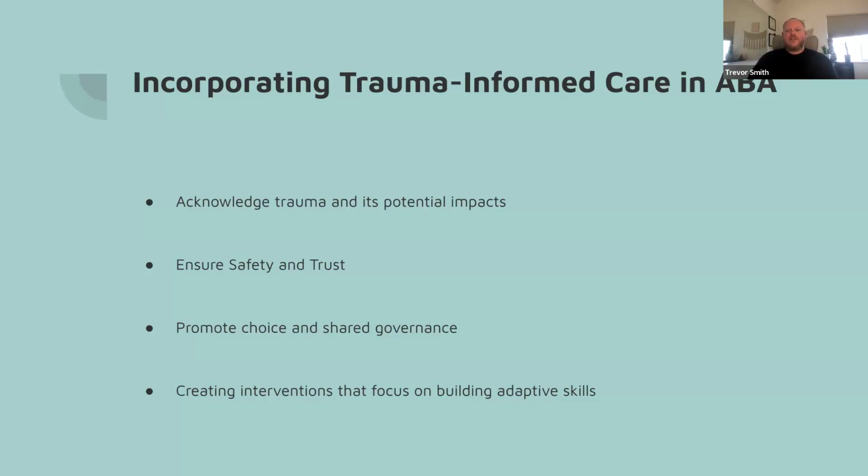Learning social skills can help build support systems that can help reduce stressful situations in the future, or help an individual learn how to cope with stressful situations in the future. Incorporating trauma-informed care into ABA is also just the beginning of providing more effective treatment to individuals who have experienced past traumas.